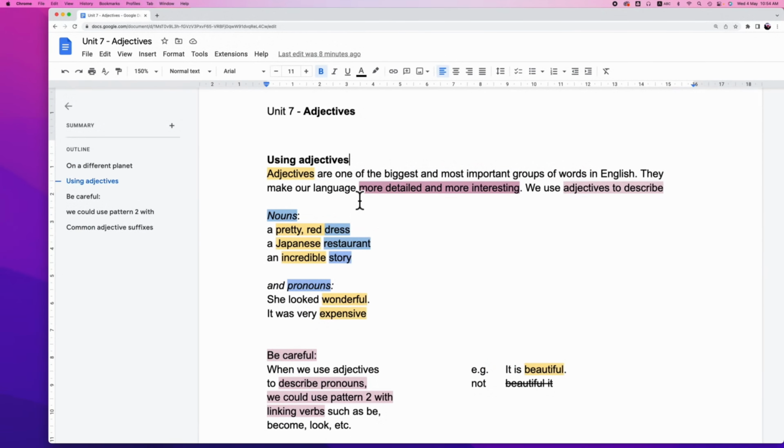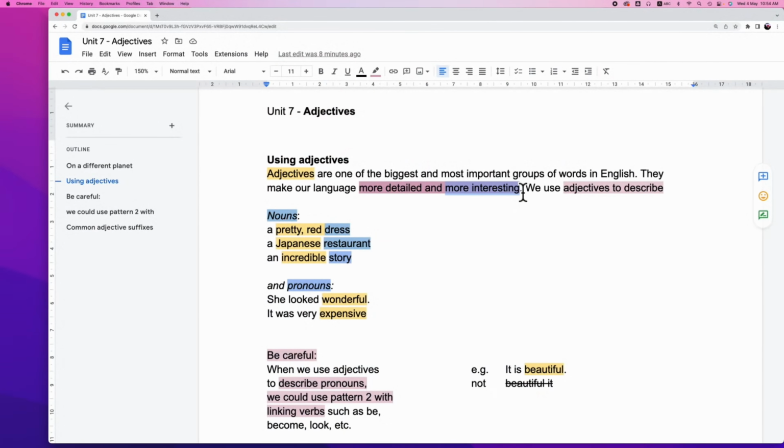The purposes of using adjectives are making a sentence more detailed, giving more information to the reader, and making the sentence more interesting. So what is an adjective actually used to describe? An adjective is used to describe the color blue, and blue could be nouns or pronouns.